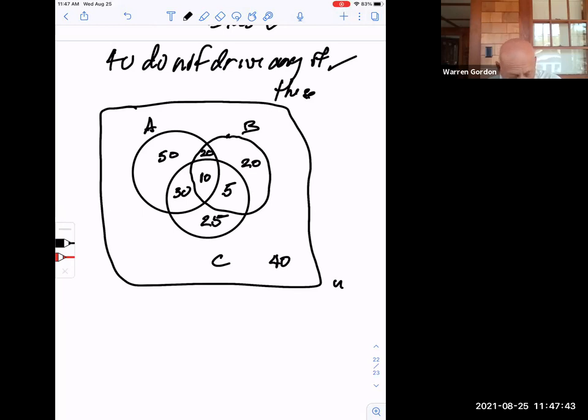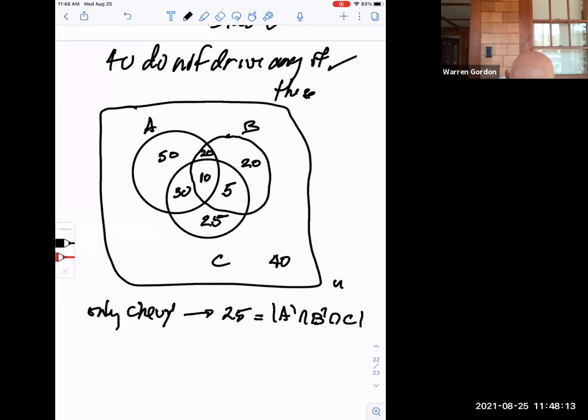So now let's look at the questions. So the questions were the following. How many people surveyed drive only Chevrolets? Well, that's the last one I just did. That's going to be 25, right? That means they don't drive Audis, they don't drive BMWs, and they drive Chevrolets.